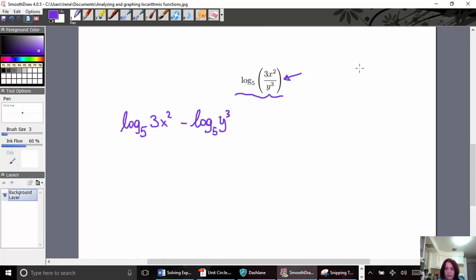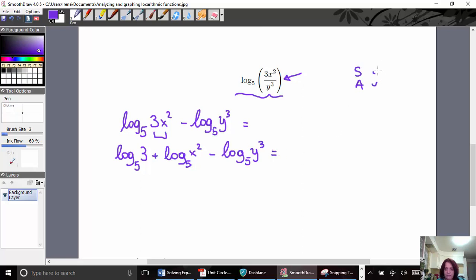The next thing that I do is the addition. So I have right here 3 times x squared, and this can be split into log with base 5 of 3 plus log with base 5 of x squared minus log with base 5 of y to the third.